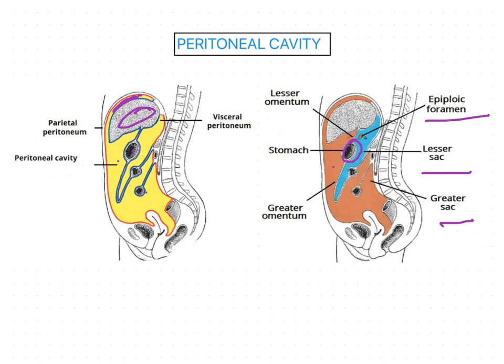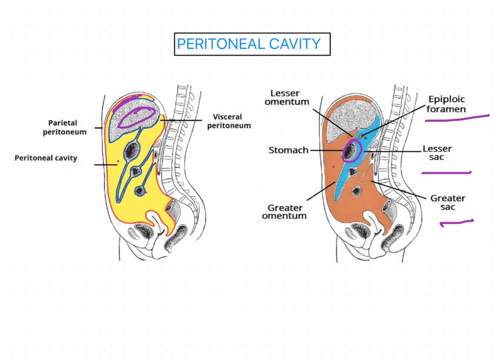Also, in relation to the peritoneal cavity, some pocket-like recesses are related to it, which are also the same as the peritoneal cavity.